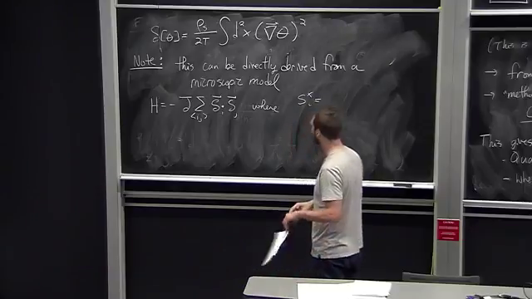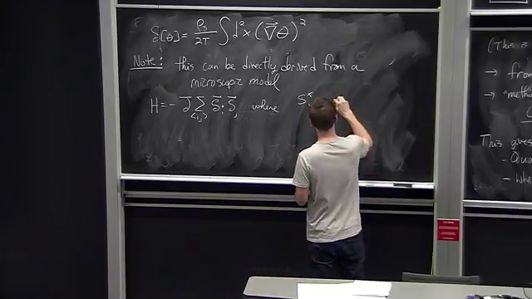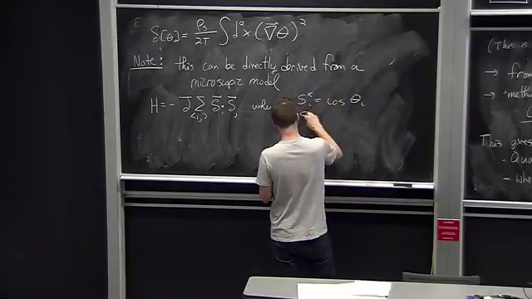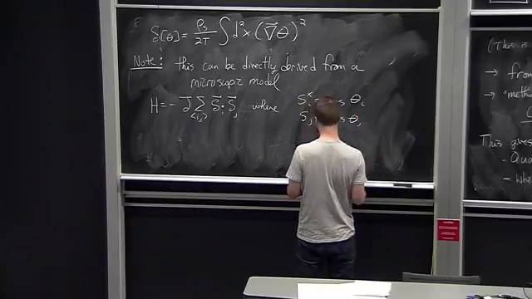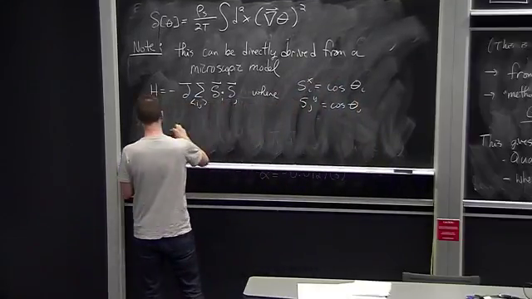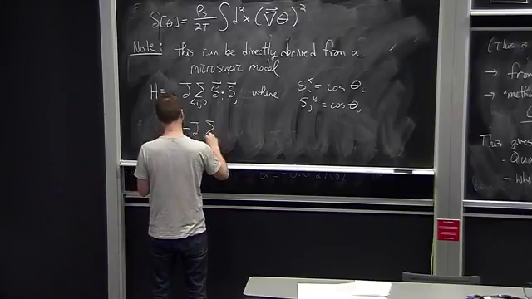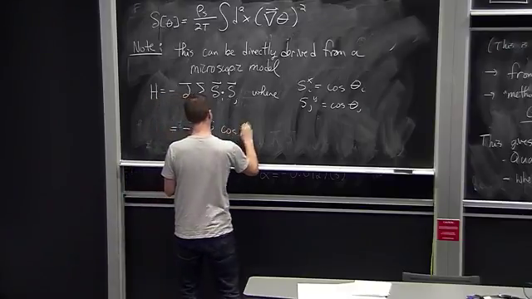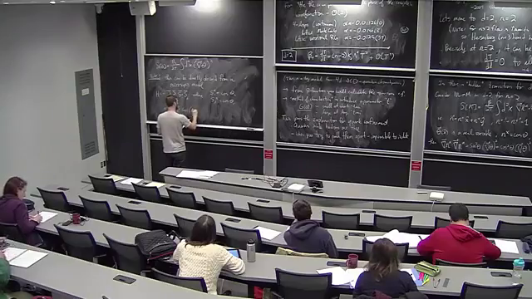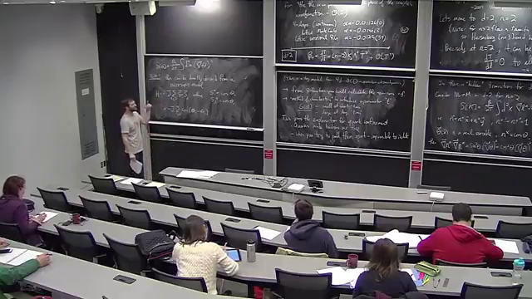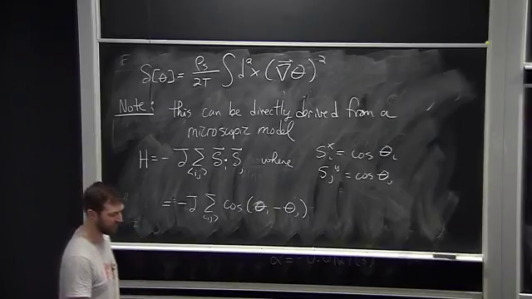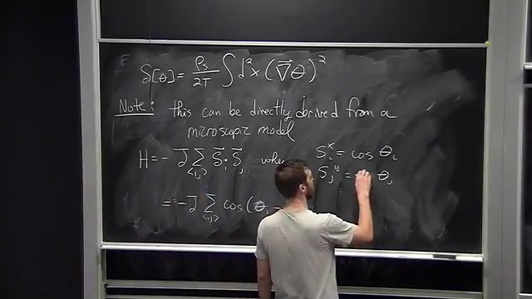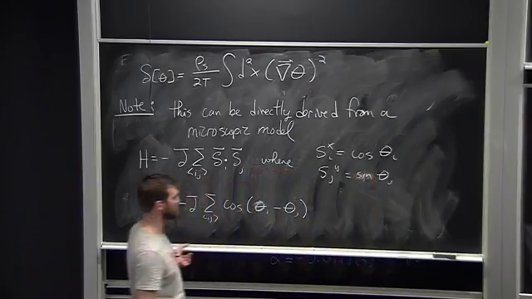And I'll write these spins as, again, just the rotor variables, such that this Hamiltonian is cos theta i sin theta j. Oh, no, it's cosine cosine, sine sine. I'm an idiot. And then that just gives you, through a trig identity, this cosine.